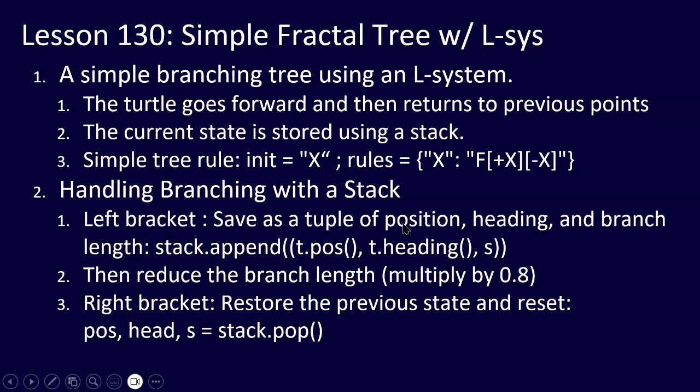In case of the right bracket, restore the previous state, meaning the position, orientation, and length, by stack.pop. The same shape tuple is popped and then assigned each to pos, head, and s.